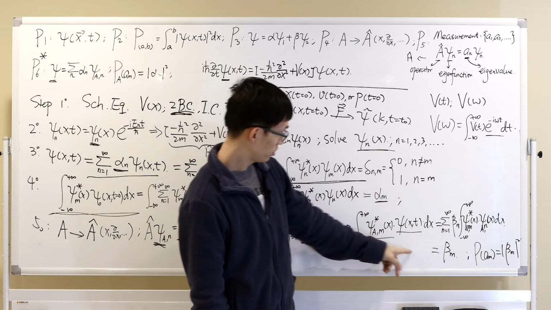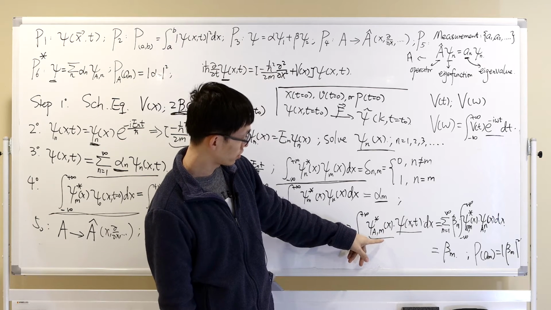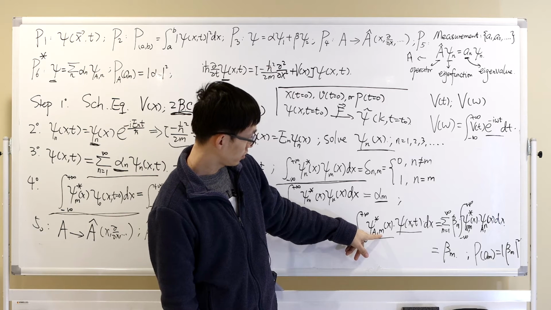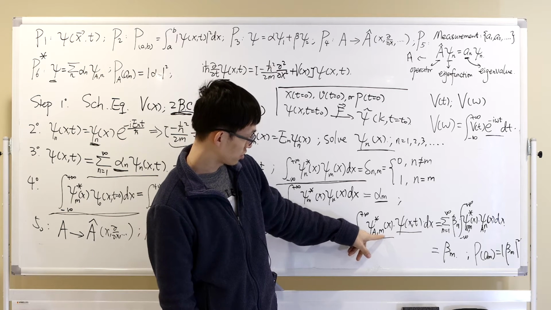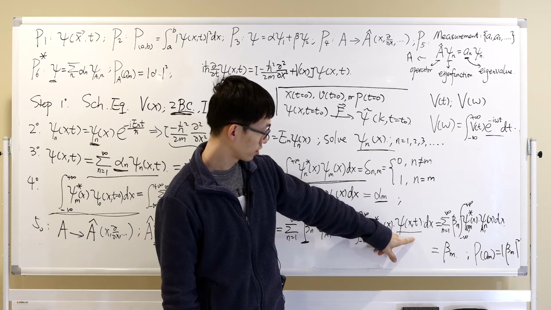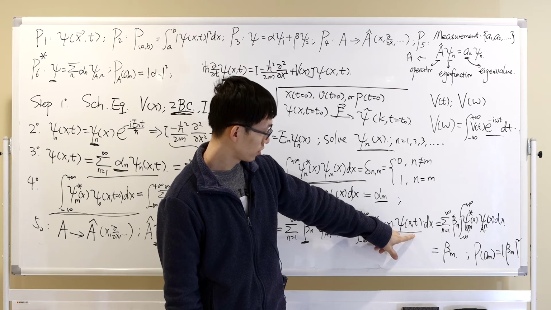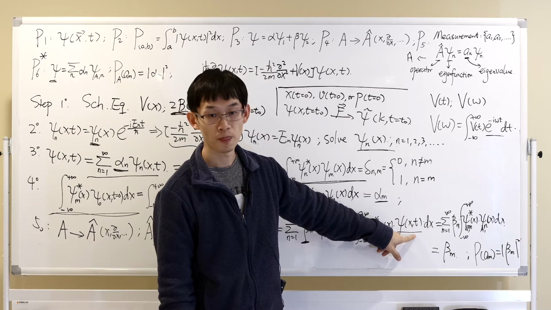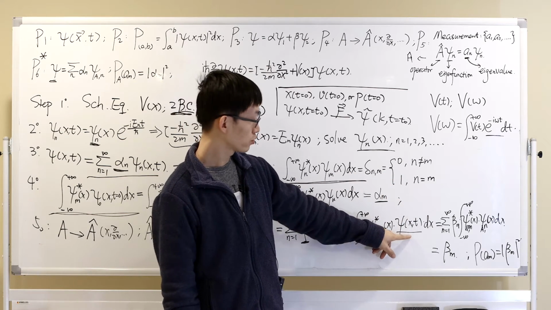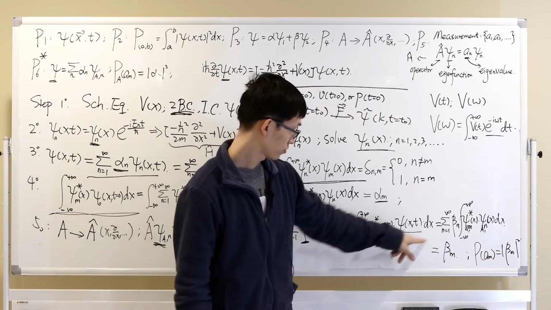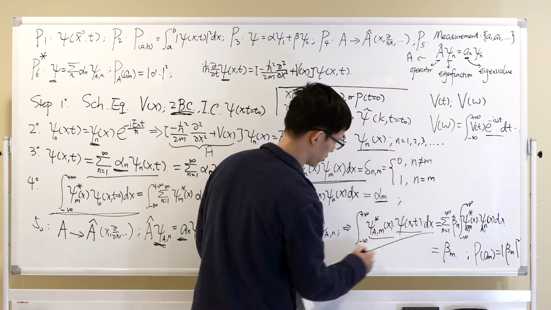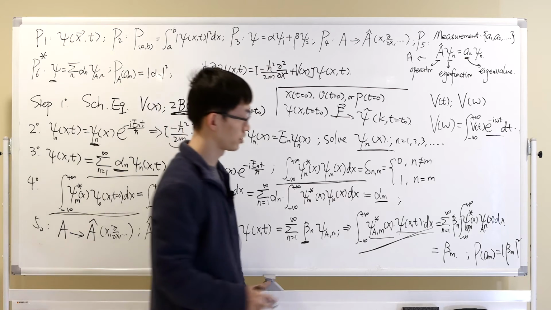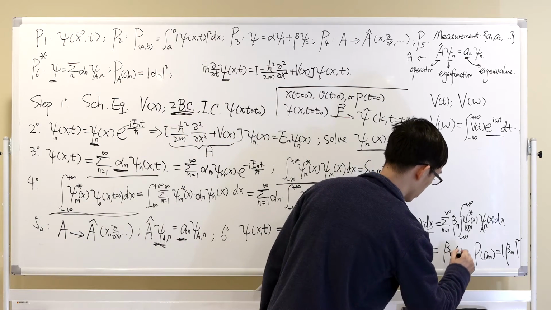So when you look at this integration, you see that on the left-hand side, psi A, the eigenstate of A, is not changing with time, but the wave function of the system actually evolves with time. So when you do this integration, the numerical result would in general be time dependent.